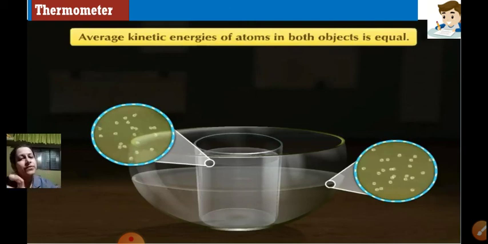The temperature of the hot object goes on decreasing, the temperature of the cold object goes on increasing. So the kinetic energy of the hot object reduces and the kinetic energy of the cold object increases. At one point, the average kinetic energies of both of them become equal. So when the average kinetic energy becomes equal, the temperature also becomes equal.